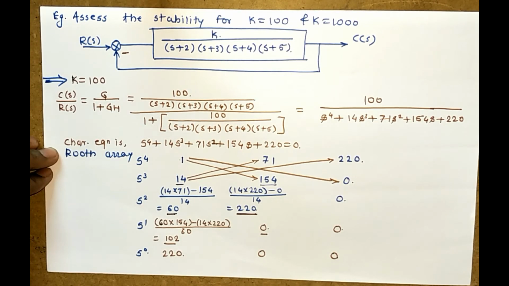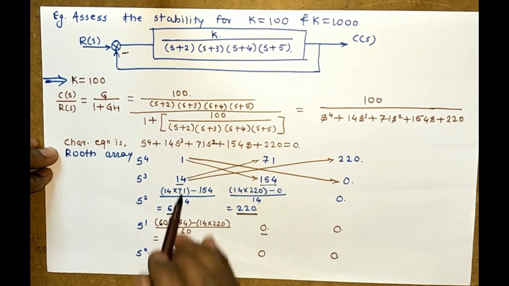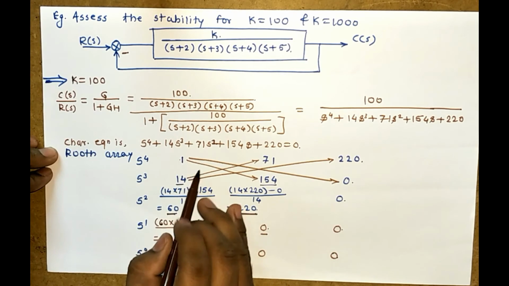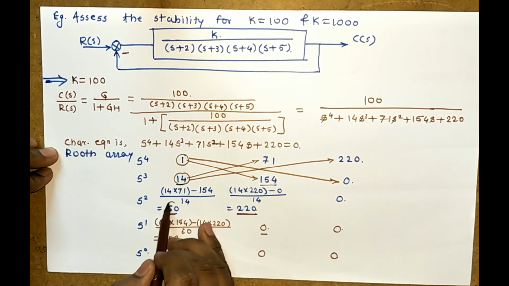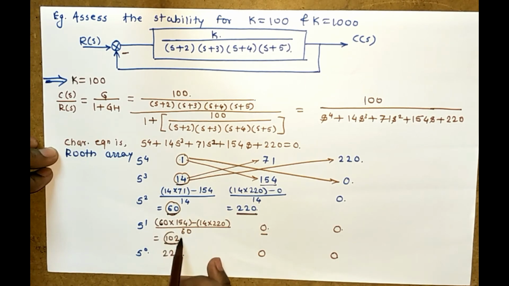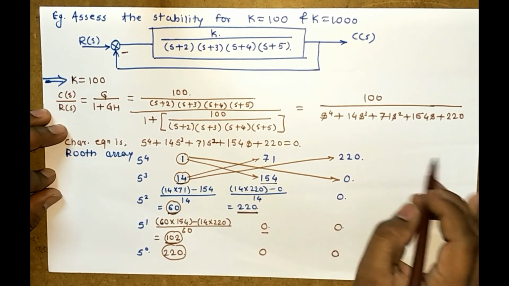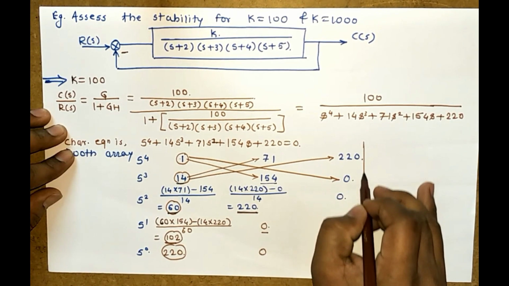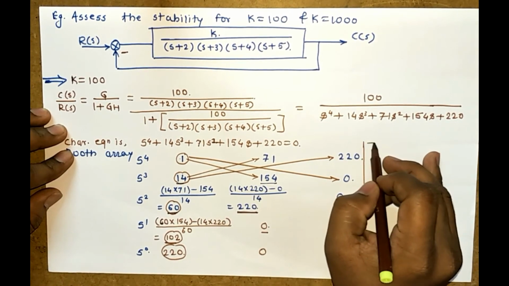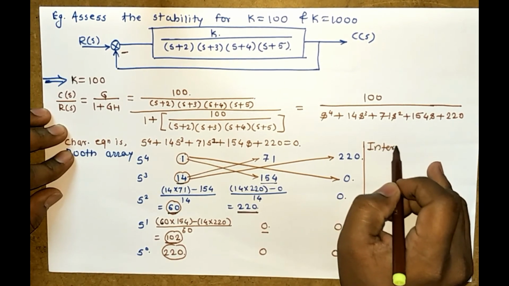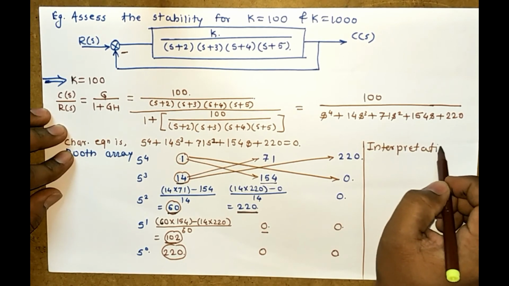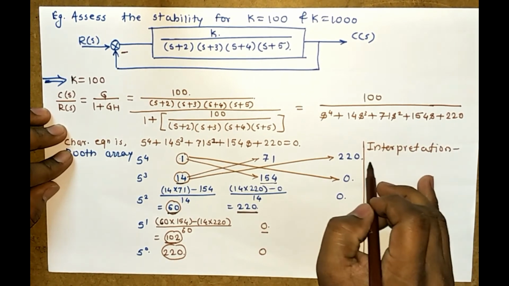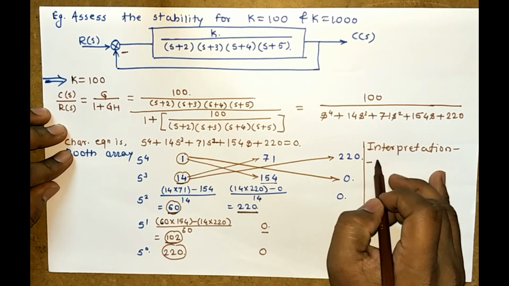Now we have to observe the Routh array first column, that is 14, 60, 102 and 220. The signs of the first column are not going to change, means all signs are positive. So the interpretation from the Routh array is no sign change in the first column.